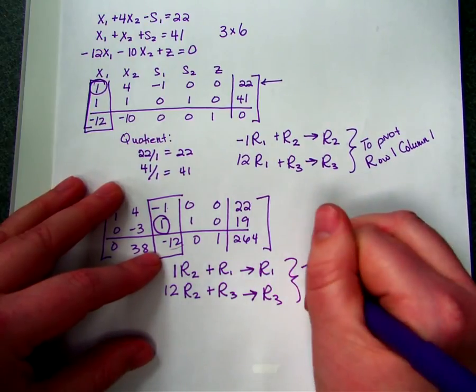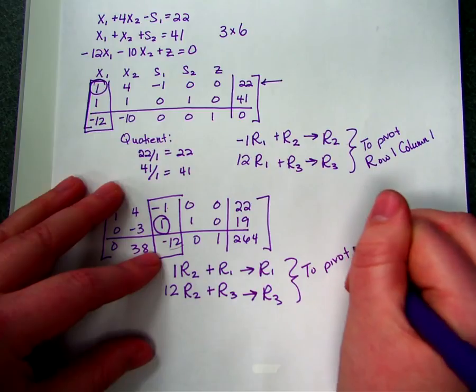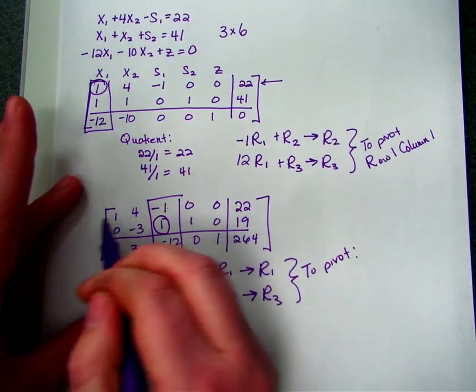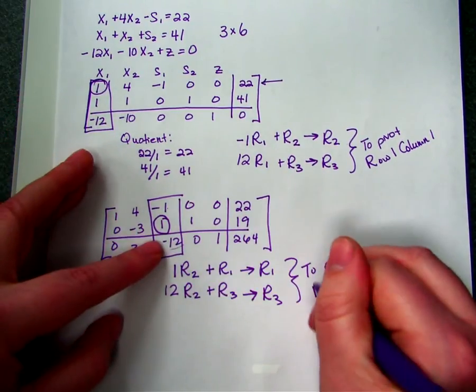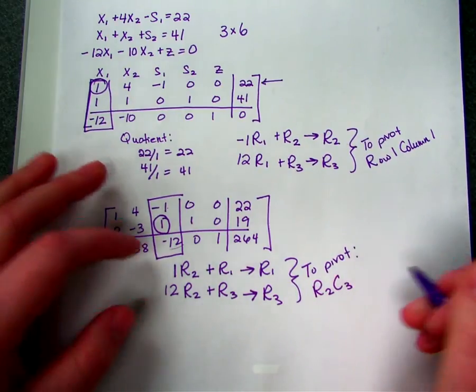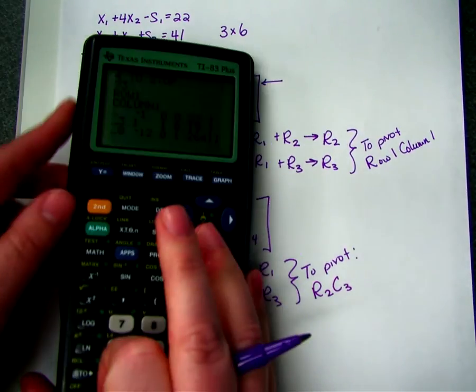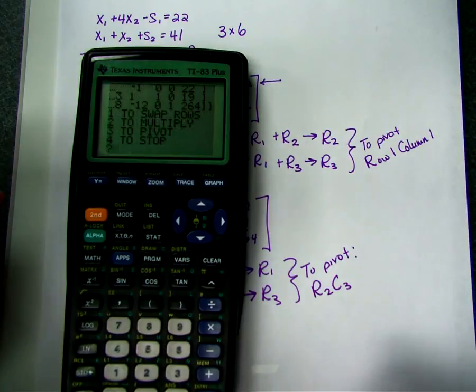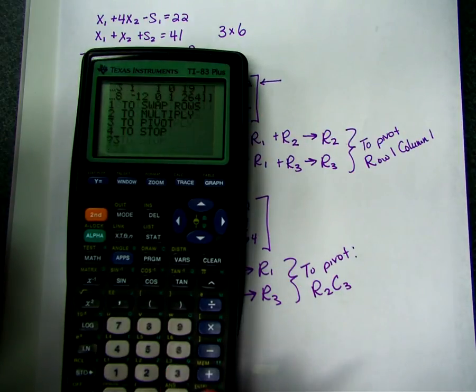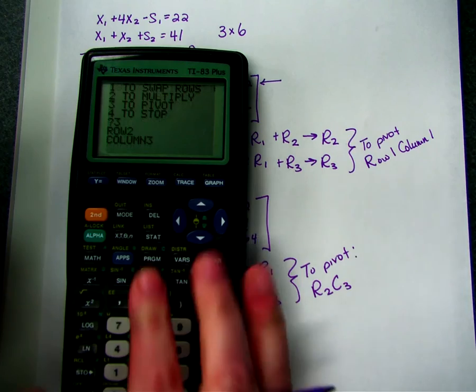In your calculator, this is both under to pivot. Tell it where your pivot position is. Our pivot is in row 2 and column 3. So bring them back over to my calculator. Hit enter to bring back up those commands. 3 to pivot around row 2, column 3.